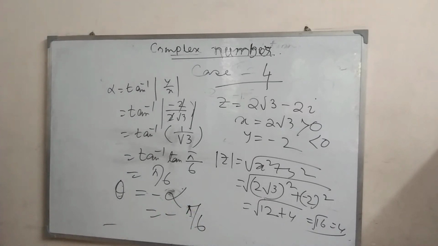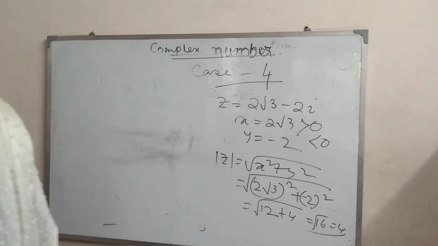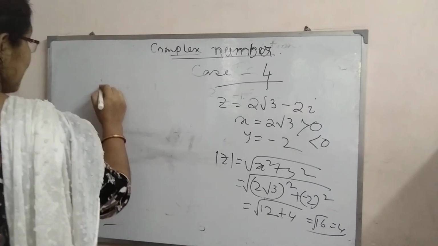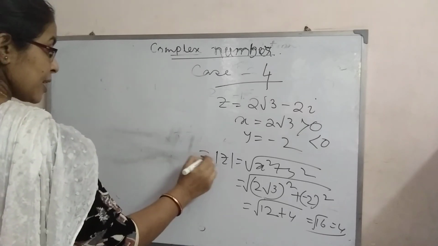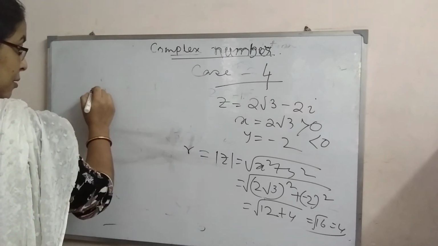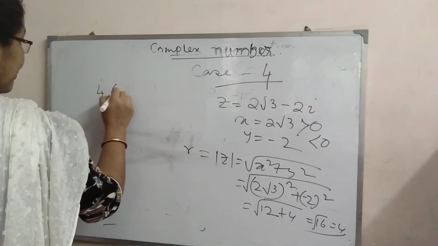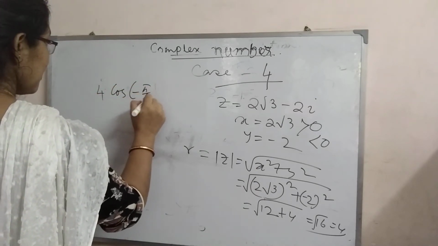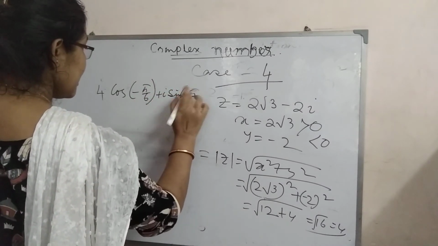Here the modulus amplitude form is, first, mod z equals r, that is 4 [cos(minus pi by 6) plus i sin(minus pi by 6)].